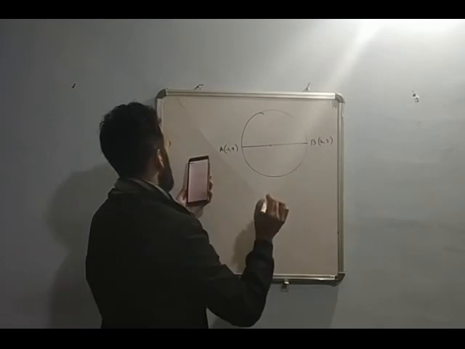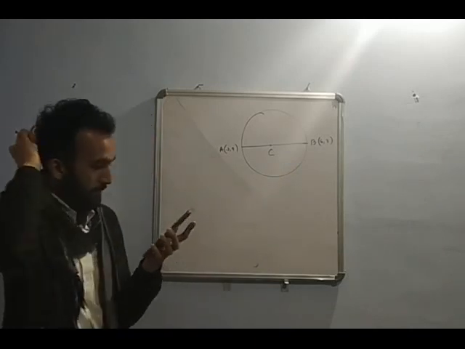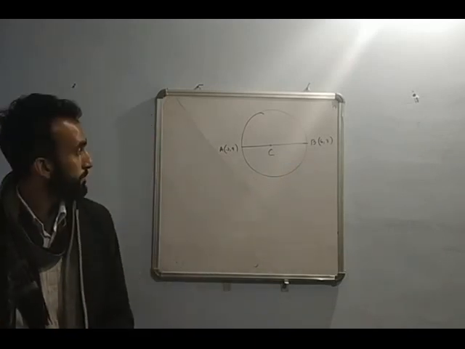This is a diameter of a circle with center C. Find out the coordinates of C.